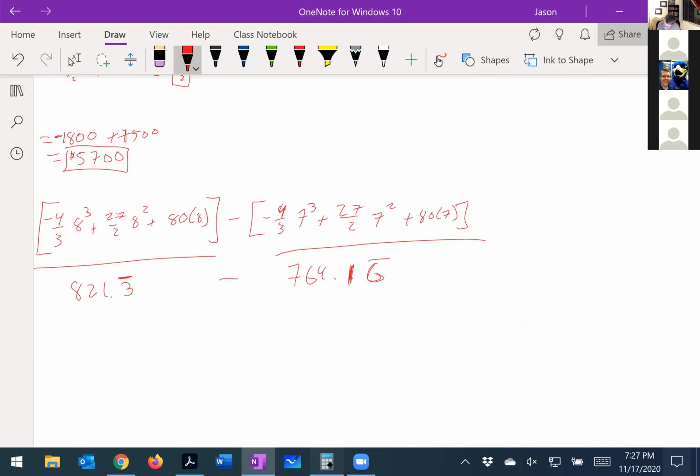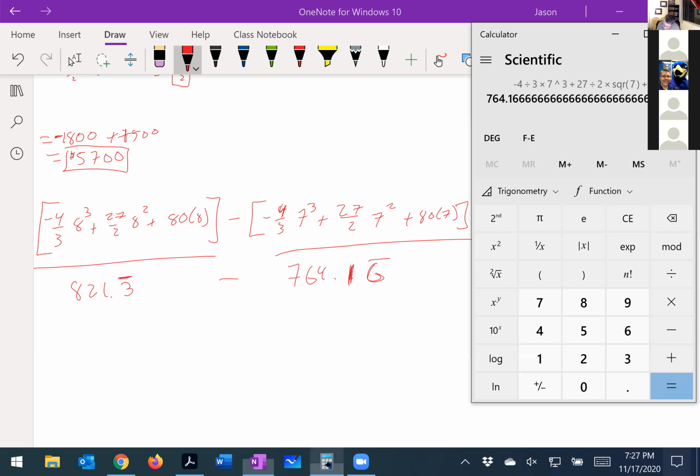Okay. So I already have that in my calculator. So I'm going to subtract off 821 plus 1/3, since 0.3 repeated is 1/3.